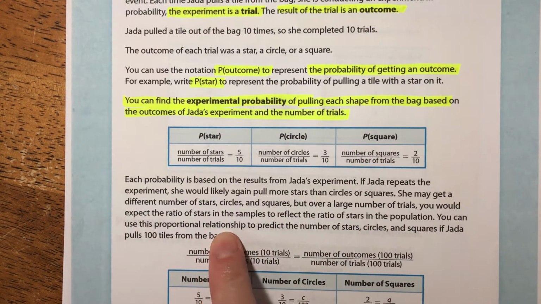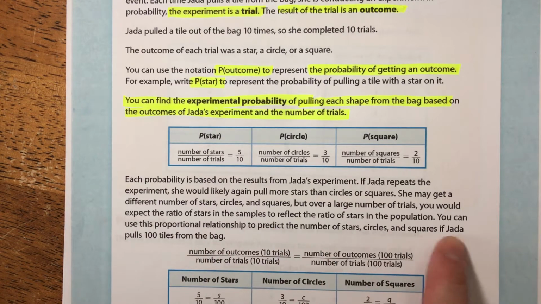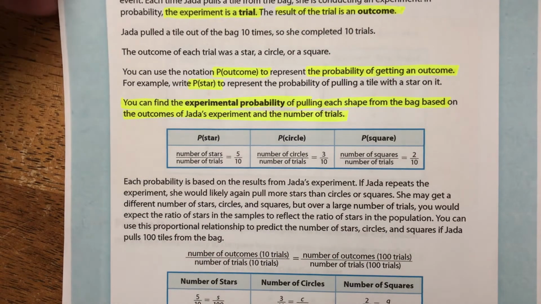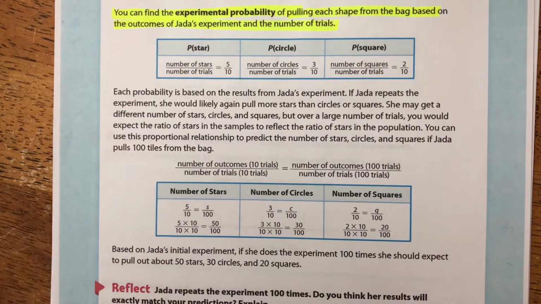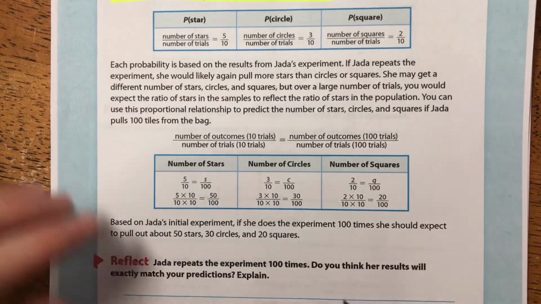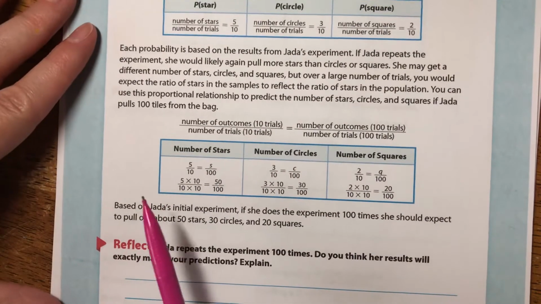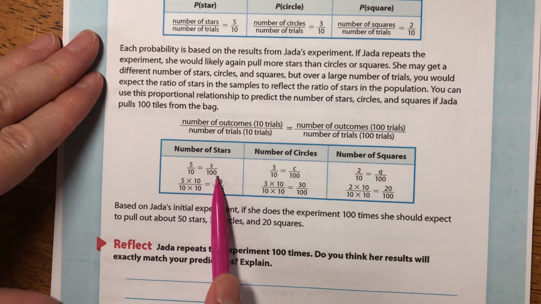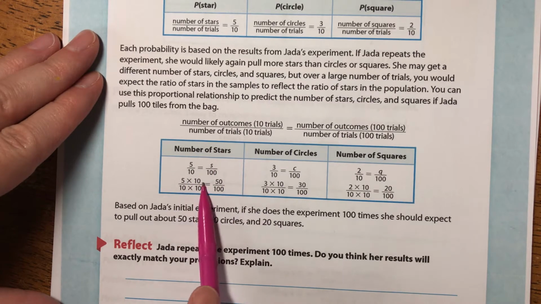You can use proportional relationships, so equal fractions, to predict the number of stars, circles, and squares if Jada pulls 100 tiles from the bag. And I already did this with you, so I jumped the gun, but that's okay. Can you see it? I went from 5 over 10 is equal to what out of 100? So we just multiplied by 10.